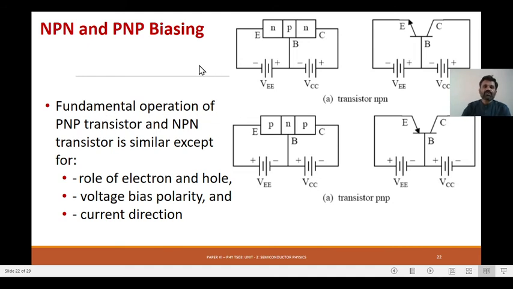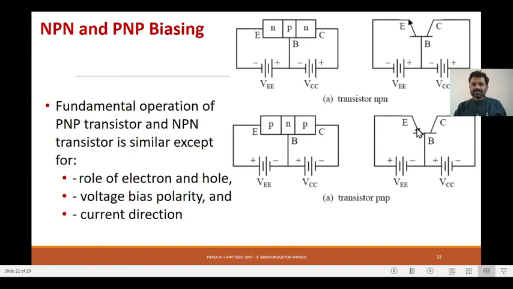The fundamental operation of both PNP and NPN transistors is similar except for three points. What are they? The role of electrons and holes. Here the majority charge carriers are holes in the case of PNP. In the case of NPN, the majority charge carriers are electrons. And the voltage bias polarity: you can see the polarity will get reversed.